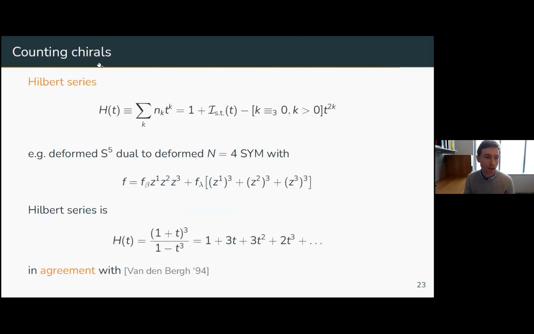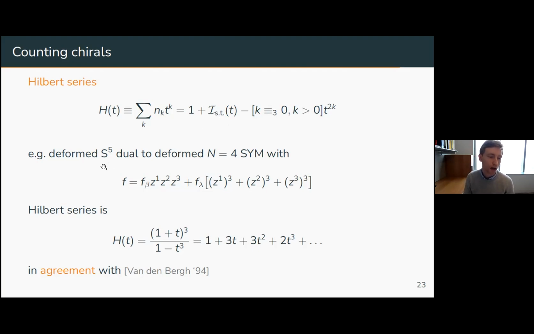So these deformations give the chiral deformations in the field theory. You can then solve for the Hilbert series that counts the chiral operators. And very generally, for any of these deformed field theories around a Sasaki-Einstein point, you get the following result, where this I here is just a single trace superconformal index, which can be computed at the original undeformed point.